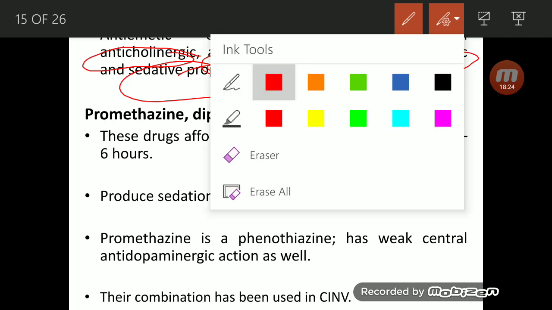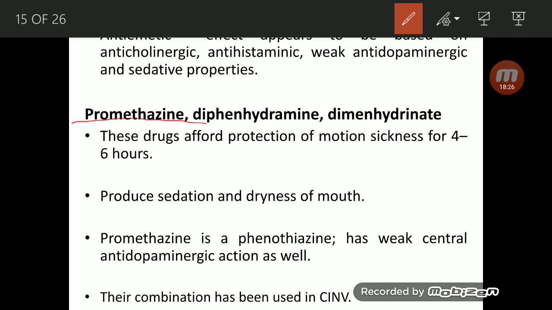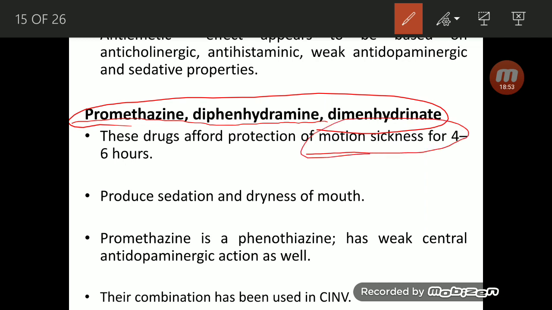So when we talk about promethazine, diphenhydramine, and dimenhydrinate, these drugs are older drugs used for your motion sickness, and they give a duration of action of around 4 to 6 hours.